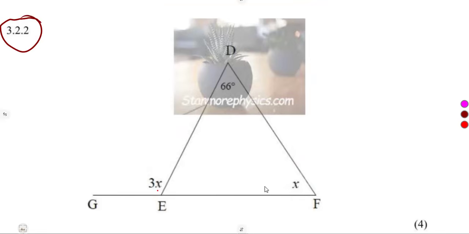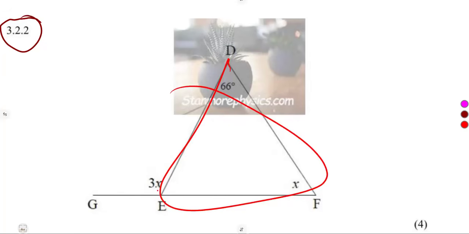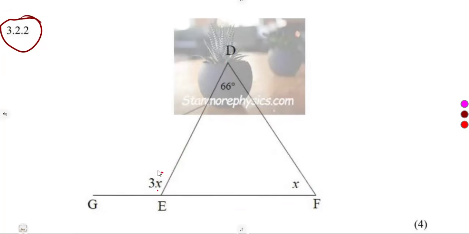3.22, we are given a triangle and it is extended to G, A, that's the variable being X. How can we solve for X? What is it that we know from a triangle of that nature, where there is an exterior angle? We do understand that this exterior angle that we see is simply the sum of the two opposite interior angles. This is the interior angle at E, but opposite, the interior opposite.